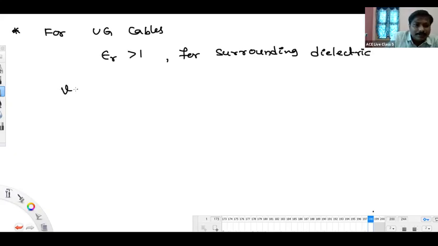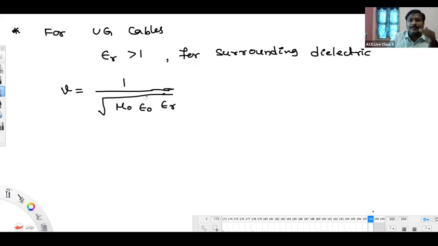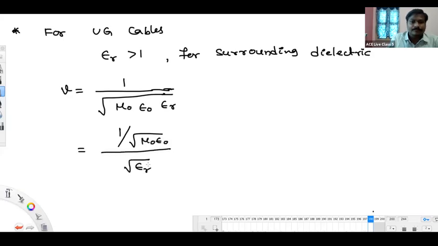Then if you go with the velocity of wave, it will be 1 by square root of mu naught epsilon naught epsilon r. So it will come to be 1 by root mu naught epsilon naught, divided by root epsilon r.